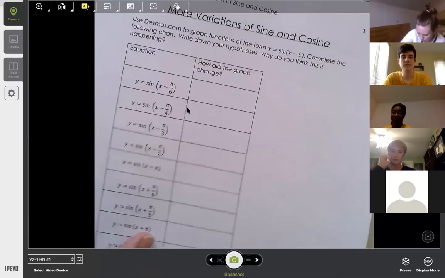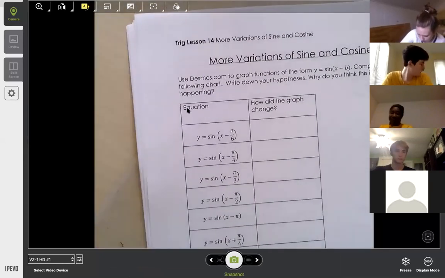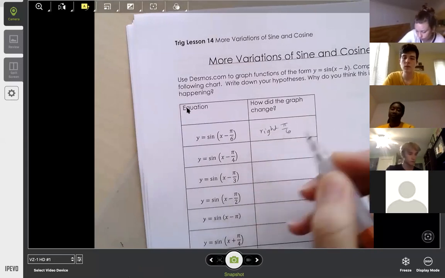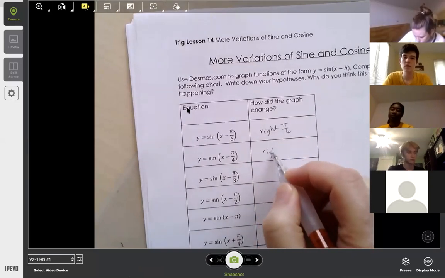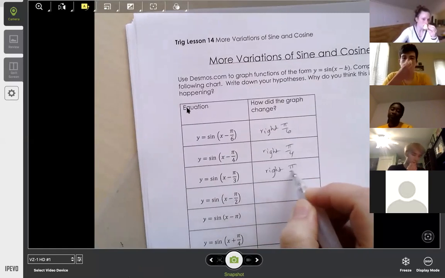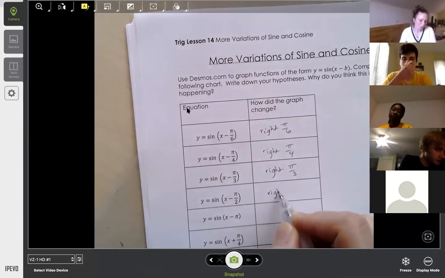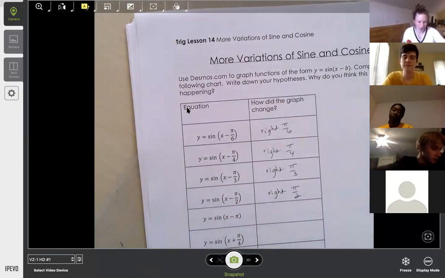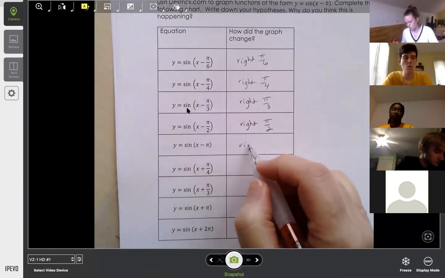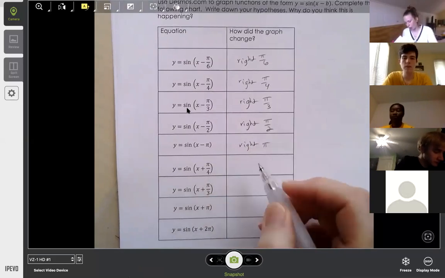Gotta let me know if it's not. All right, let's go back to this. We saw with the minus pi over 6, it moved right pi over 6. The minus pi over 4, it moved right pi over 4. The minus pi over 3, it moved right pi over 3. We didn't do pi over 2, but guess what? It's going to move right pi over 2.